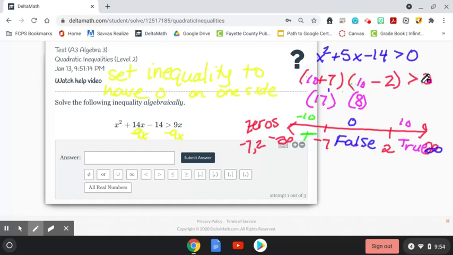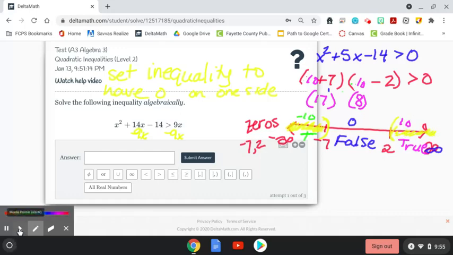And I do have greater than, not greater than or equal to, so I'll use parentheses instead of brackets here. So it looks like my solution is going to be everything from negative infinity until negative 7 with a parenthesis, and then a parenthesis because I just have greater than, not or equal to, all the way to infinity.